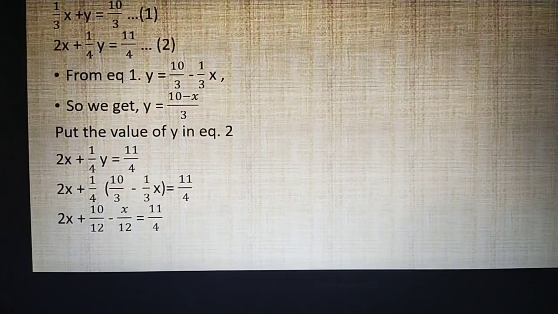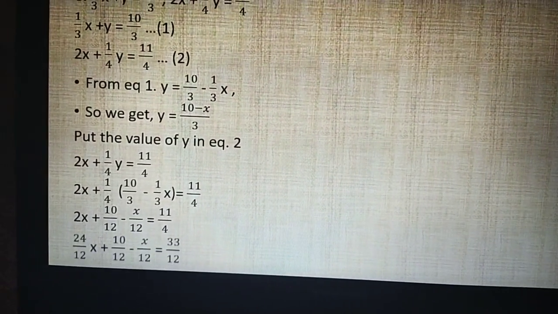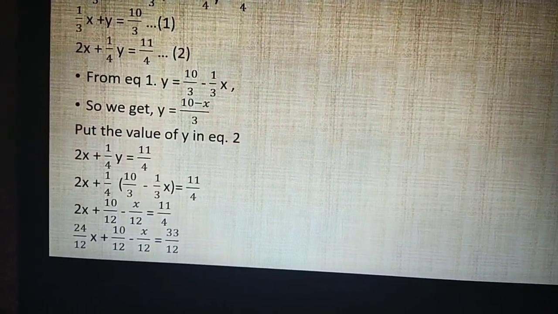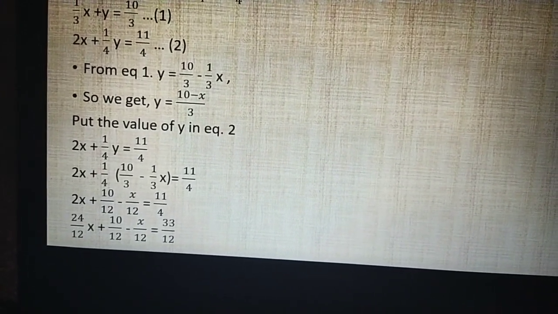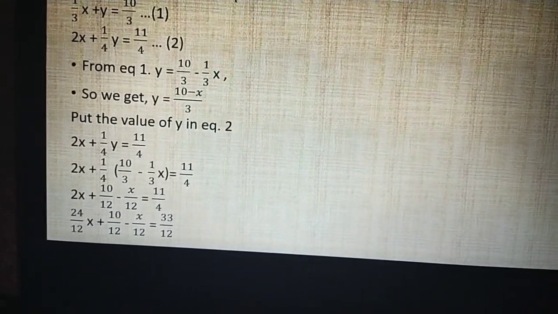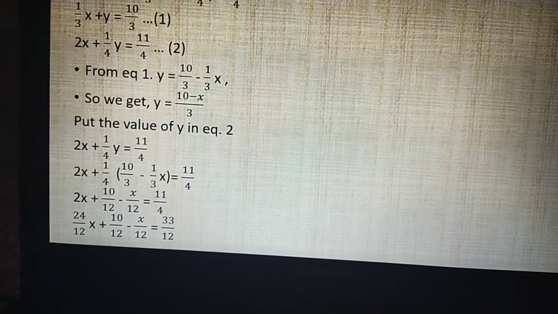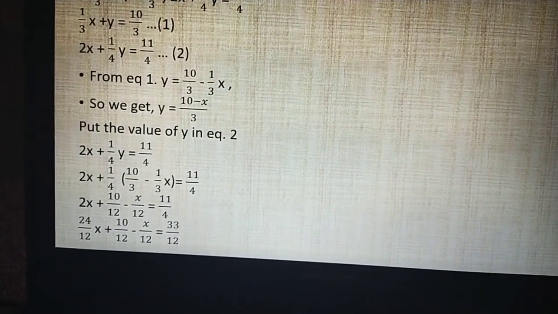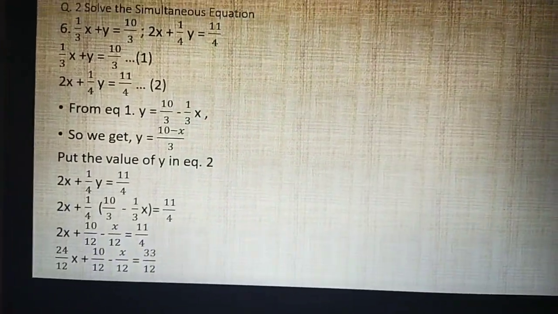Now next, 2x as it is plus 10 upon 12 minus x upon 12 is equal to 11 upon 4. But in this equation we have the LCM only for 10 and x. So what we will do? We will multiply 12 by 2x and 3 by 11 upon 4.